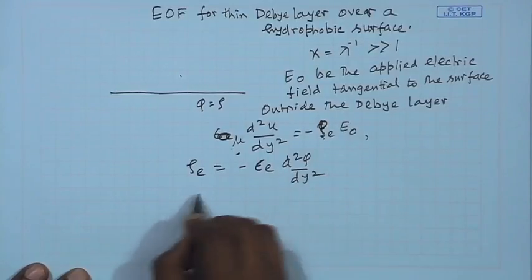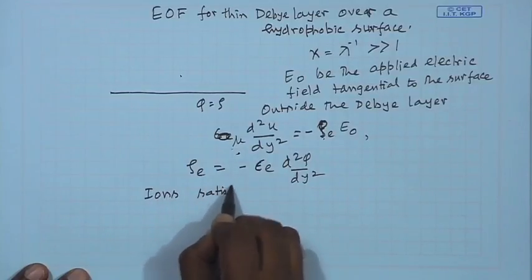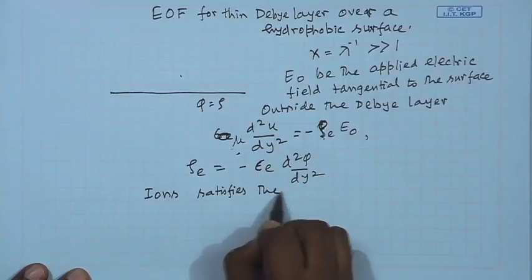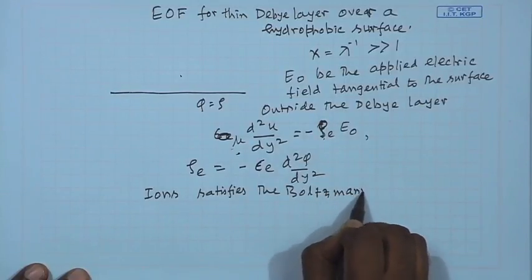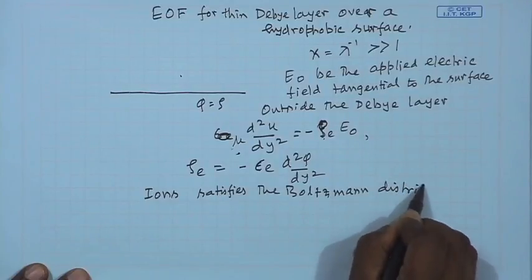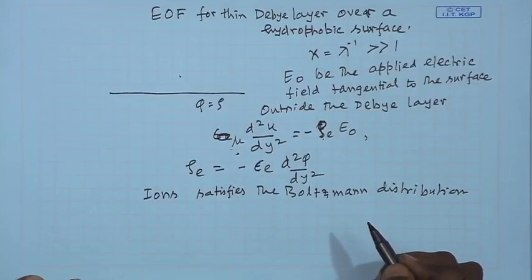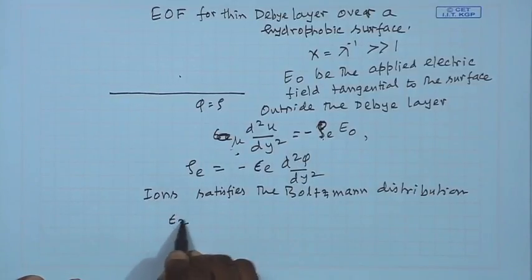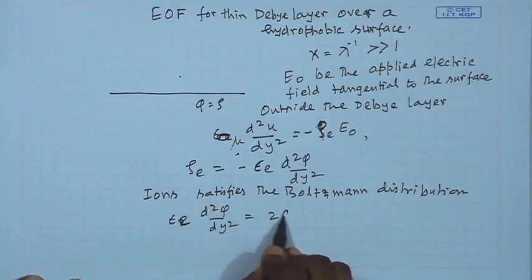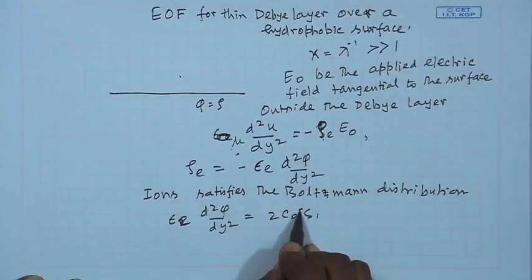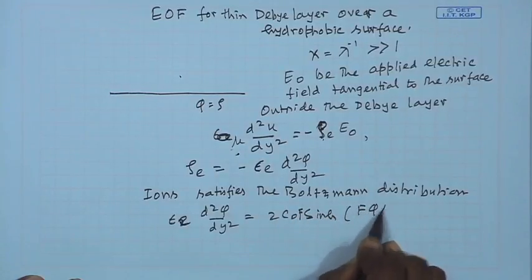Now, if we assume that ions satisfy the Boltzmann distribution, we can write the form of phi as epsilon e d2 phi/dy2 equal to 2 c0 F sinh(F phi/RT).